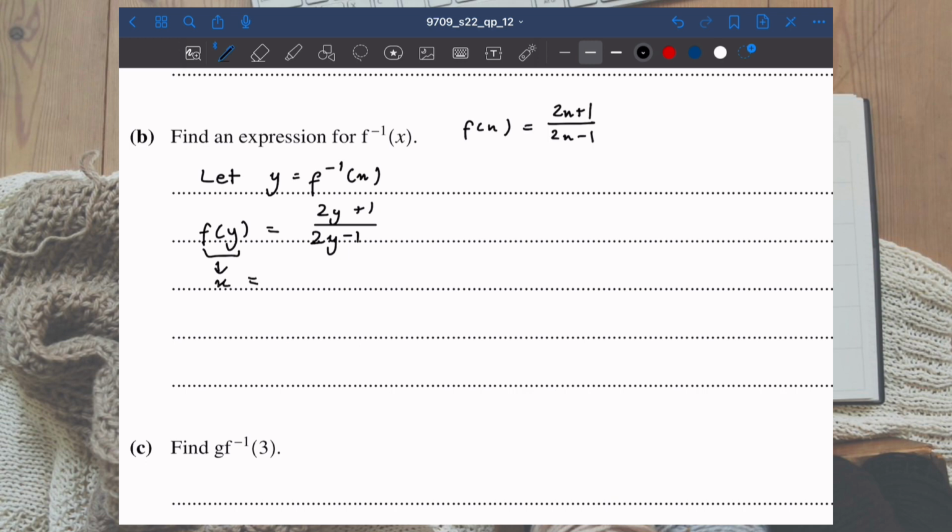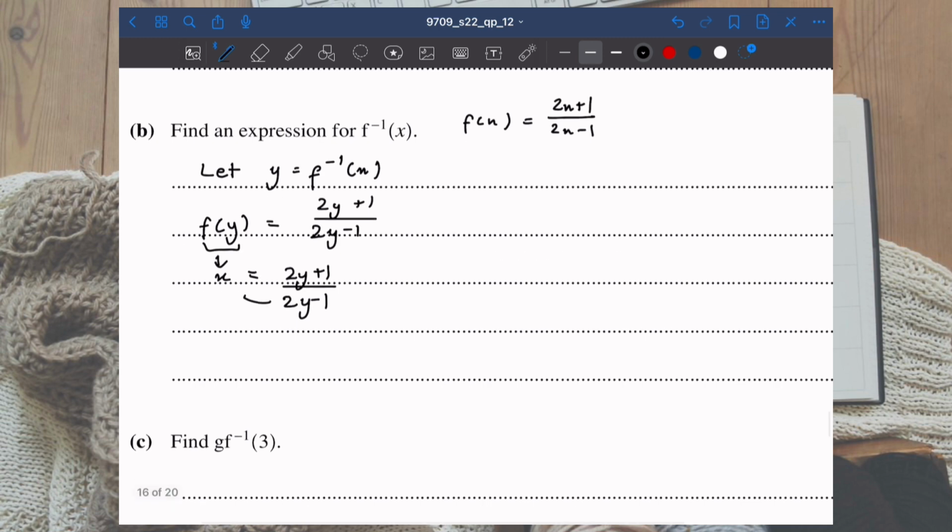So x equals (2y+1) over (2y-1). So you want to make x the subject. Moving this part to the other side, x times (2y-1) equals 2y plus 1. So 2xy minus x equals 2y plus 1.